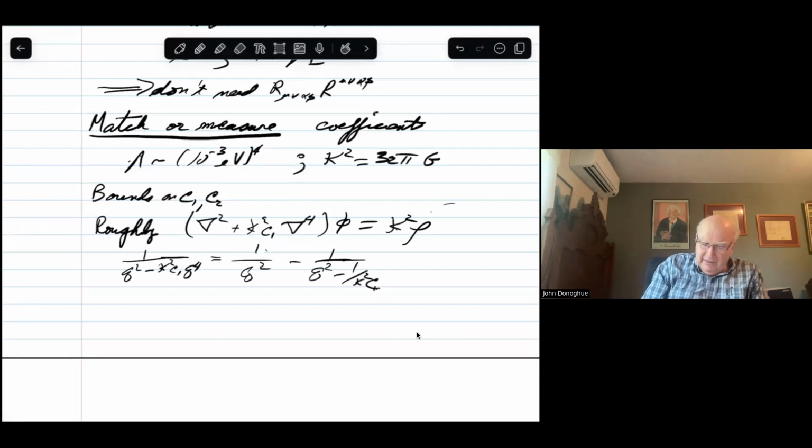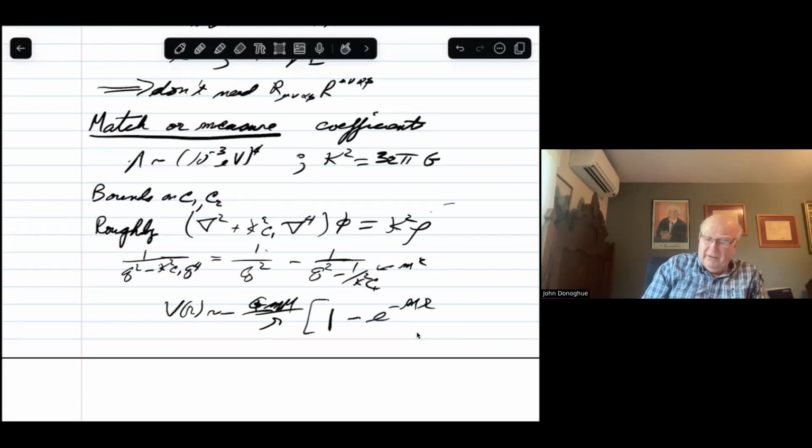And so this then looks like a mass. The solution then is that V of R is roughly G M over R times 1 from the first term, that's the usual piece, and then minus e to the minus mr, a Yukawa term from the second piece.